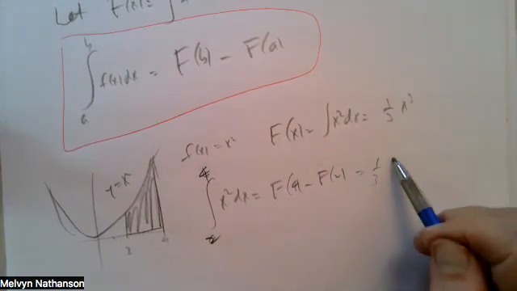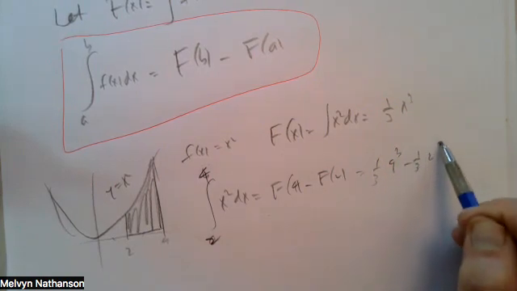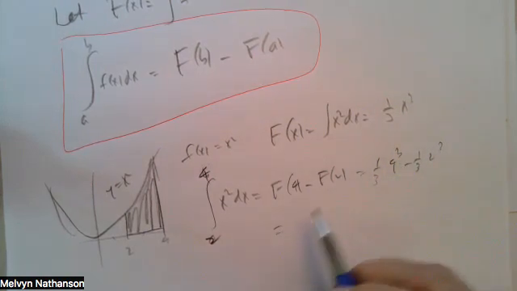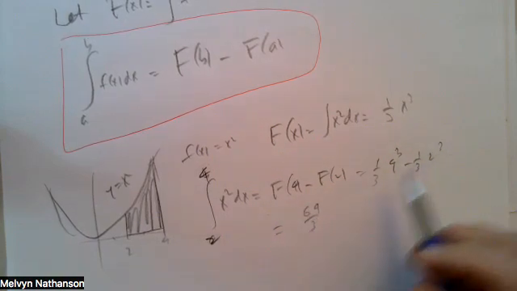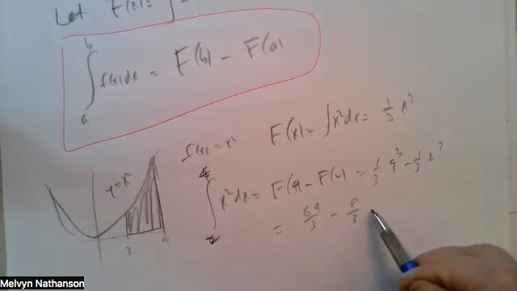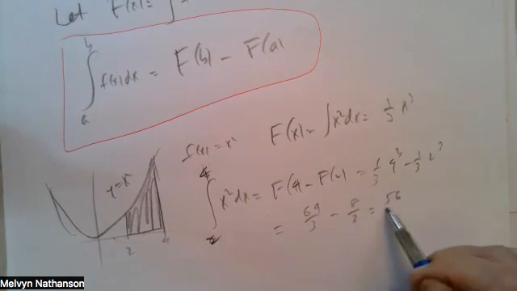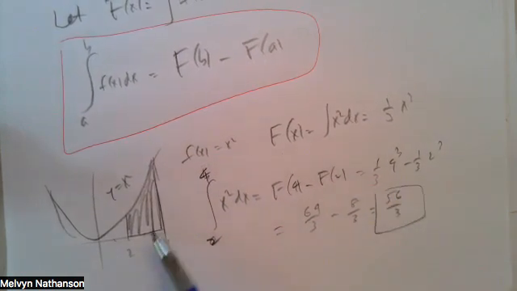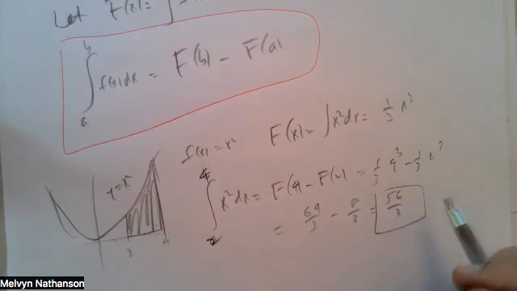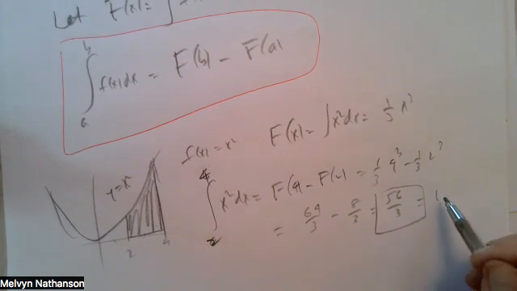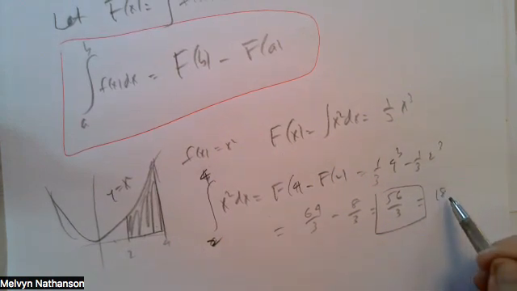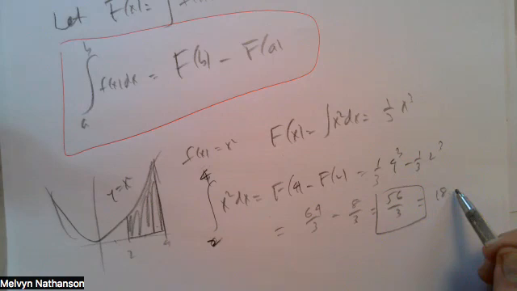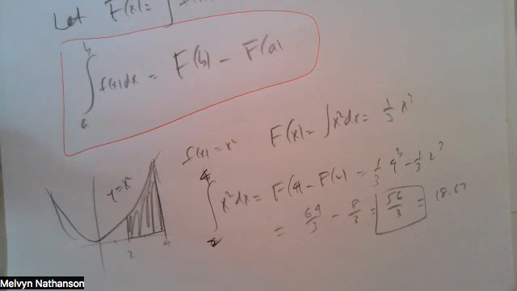This is 1/3 4 cubed minus 1/3 2 cubed. 4 cubed is 64. 2 cubed is 8. And 64 minus 8 is 56/3. So the area under this curve is exactly 56/3. Or if you like, it is 28 and 2/3. That's the area under the curve.